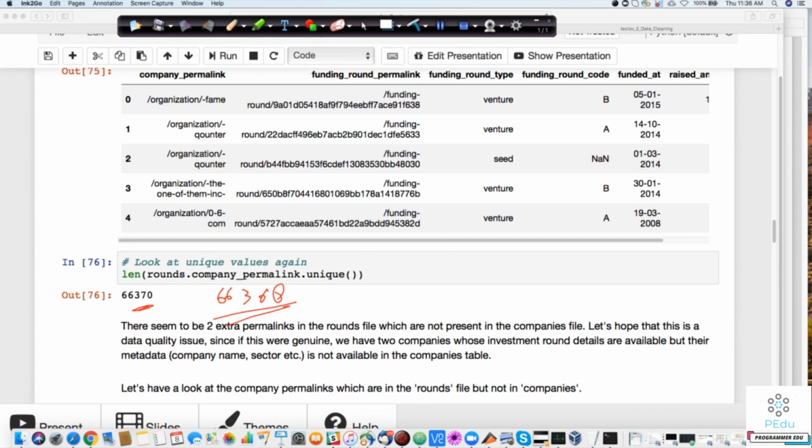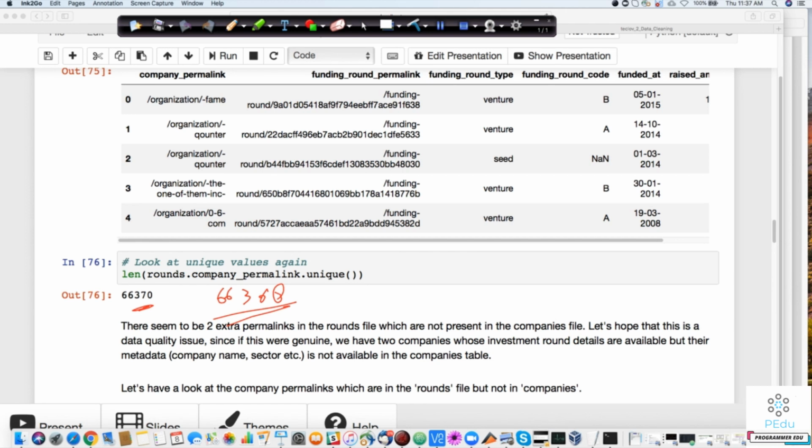This will be troublesome, right? Because in that case, maybe we have to remove those two extra companies, so that both data frames have the same number of companies, at least with respect to name. But before that, let's do some analysis.